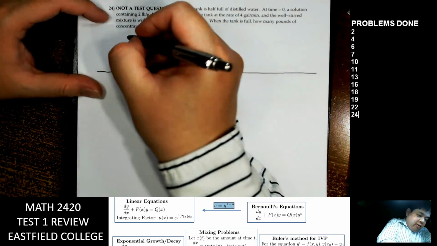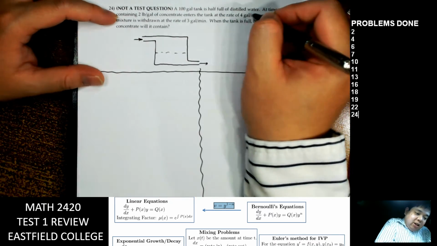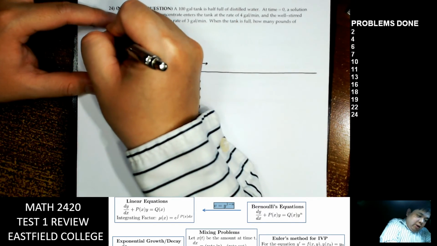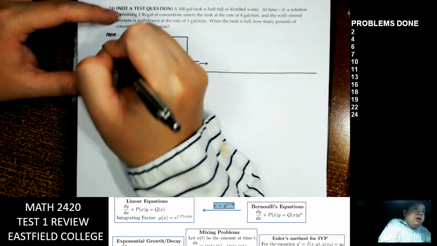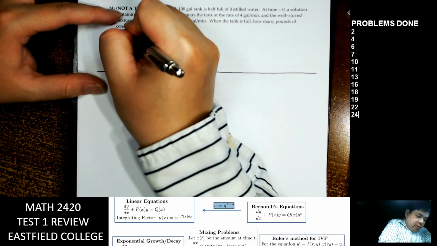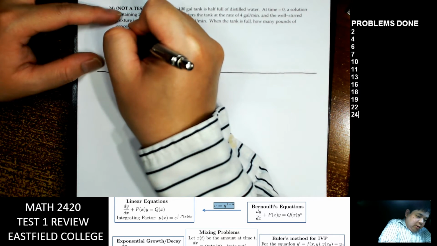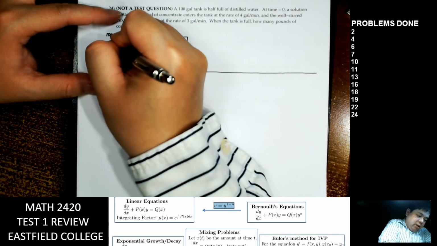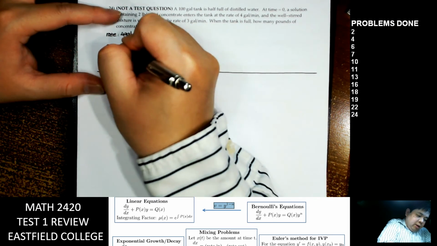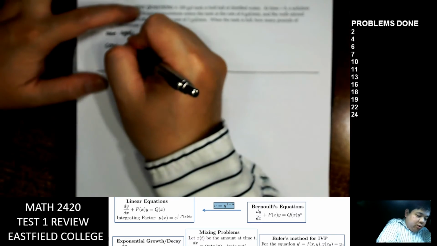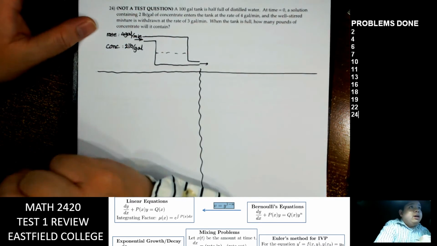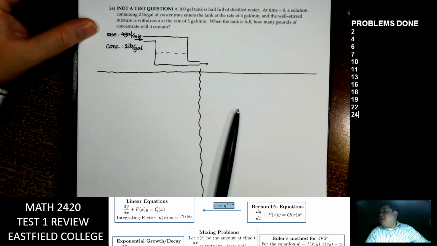enters at the rate of 4 gallons per minute. So we have the rate of 4 gallons per minute, and the concentration is 2 pounds per gallon. That's what is coming in.